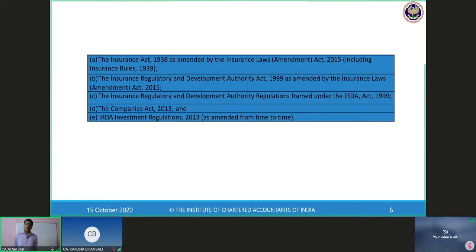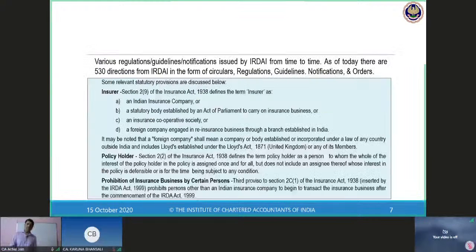Next, Insurance Regulatory and Development Authority Regulations. Next, the Companies Act, because it's a company, so that regulation will continue. IRDA investment regulations. So you can again see so many regulations are required to be considered, not by all the insurance companies, depending on which regulation becomes relevant to which insurance company.